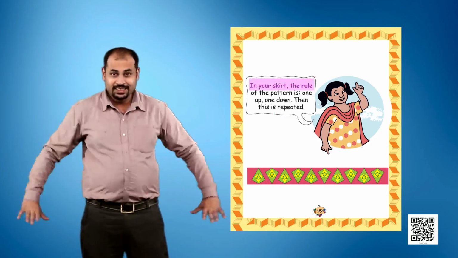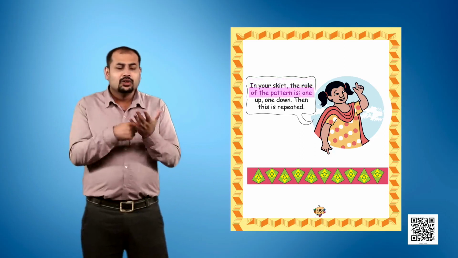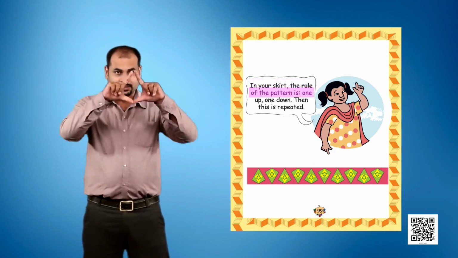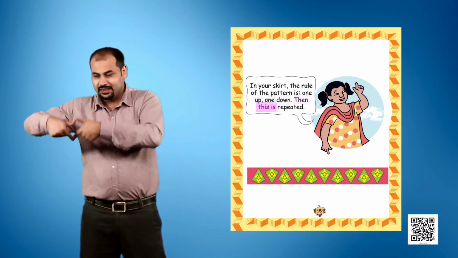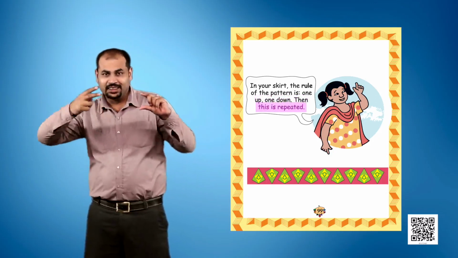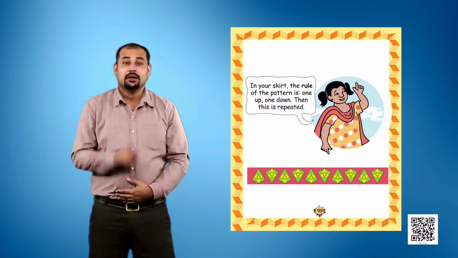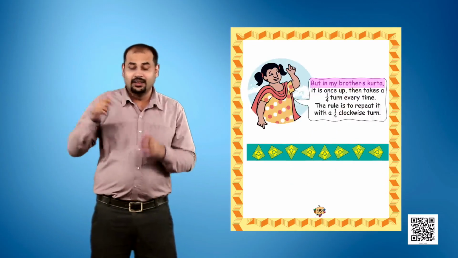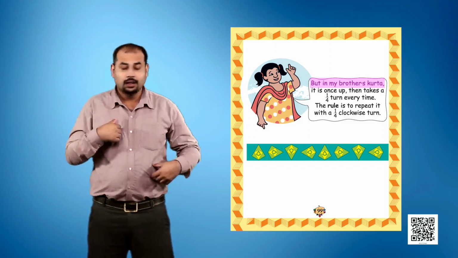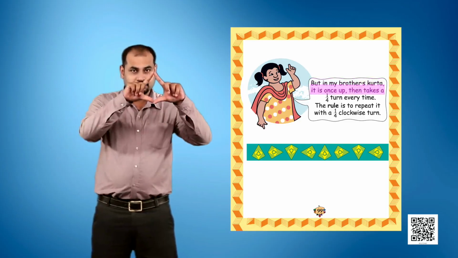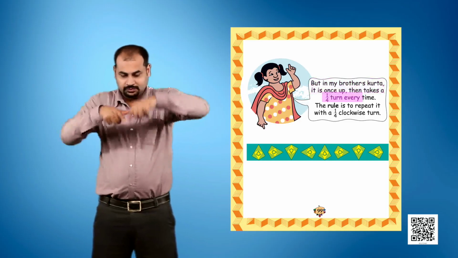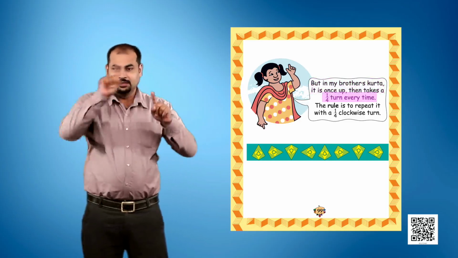"In your skirt, the rule of the pattern is one up, one down. Then this is repeated. But in my brother's kurta, it is once up, then takes a 1/4 turn every time.